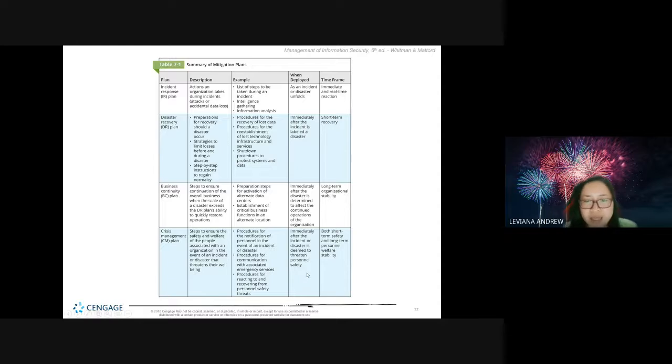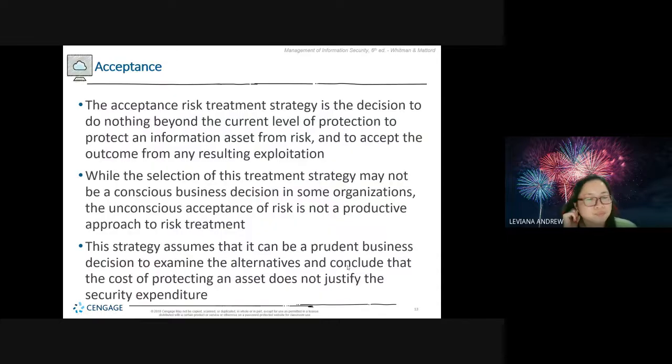Deployed immediately when incident or disaster is deemed to threaten personnel safety. This tackles both short-term safety and long-term personnel welfare stability. That one is a mitigation.